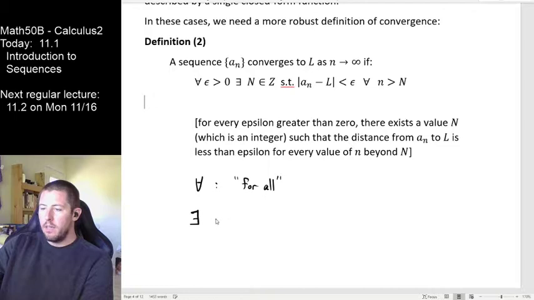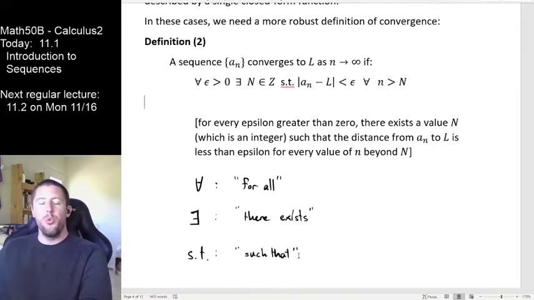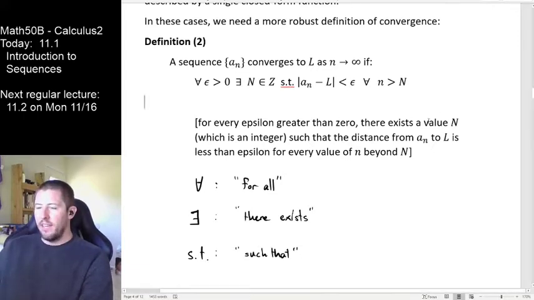Backwards capital E is there exists. And because this is a phrase that's used so often in proofs, s.t. is a pretty common abbreviation for such that, just because that English two-word phrase comes up constantly in lots of math proofs.